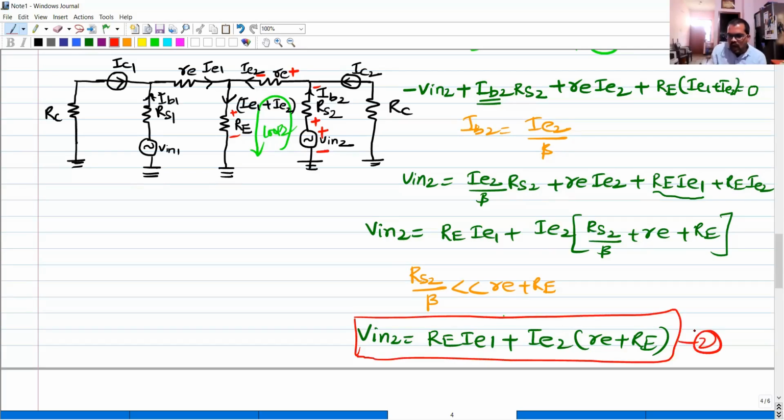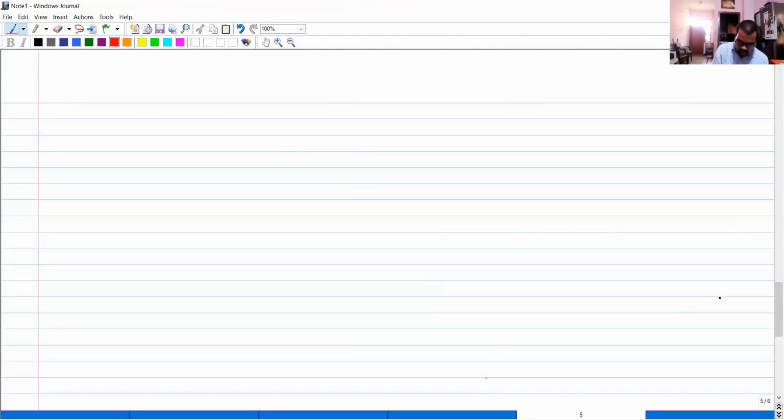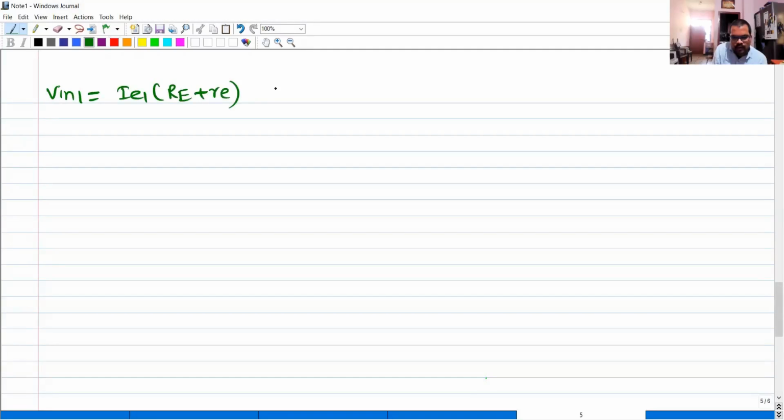That is equation 2. I want to write both equations in one place. Tell me, what is Vin1 as well as Vin2? Vin1 is equal to IE1 into RE plus RE, plus IE2 RE.